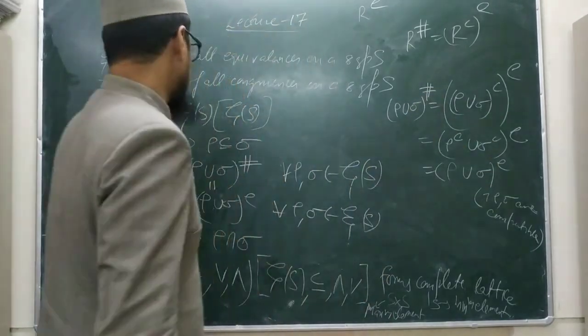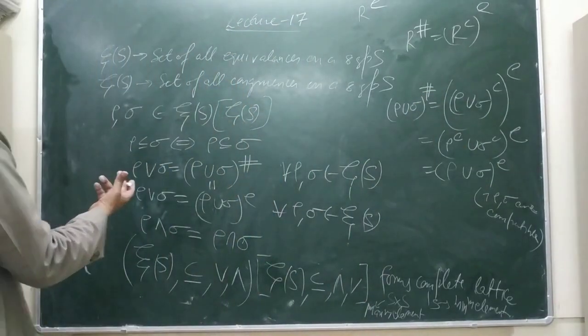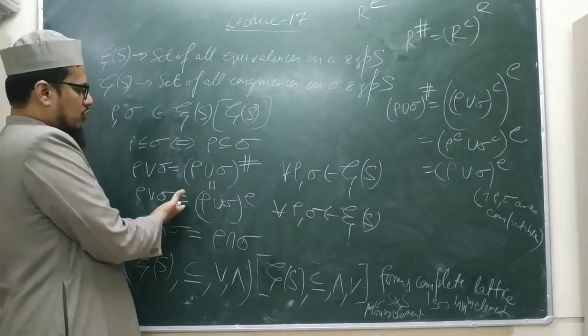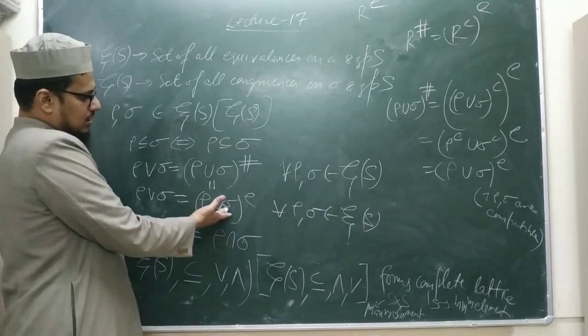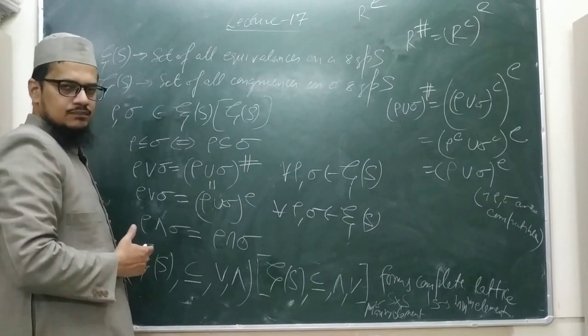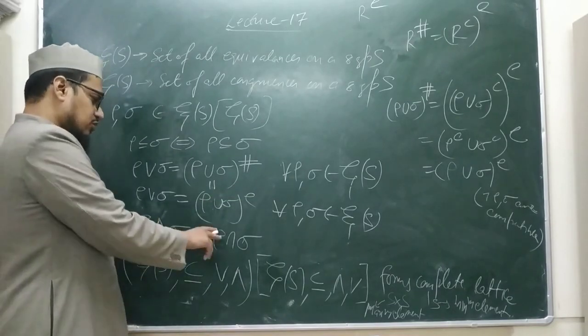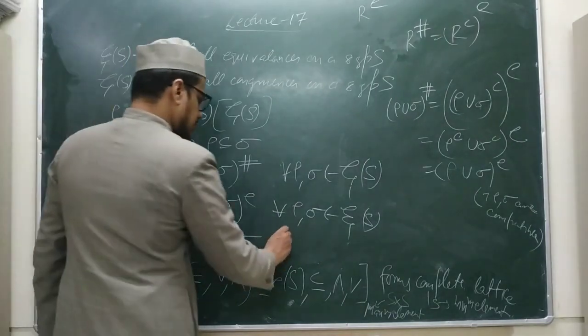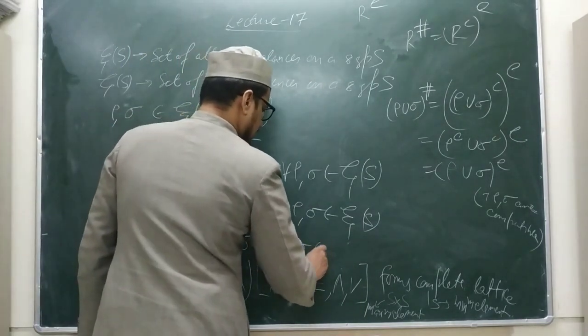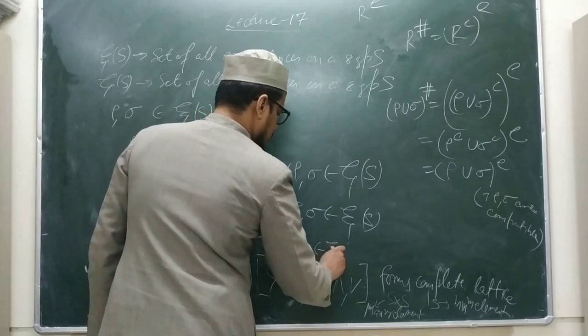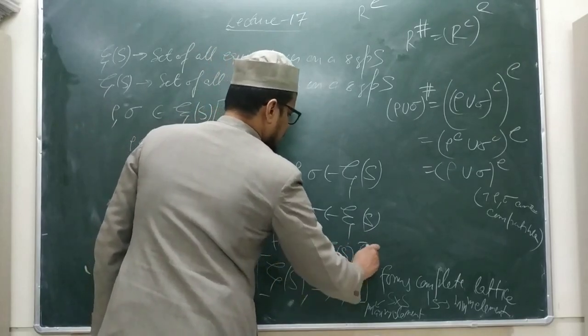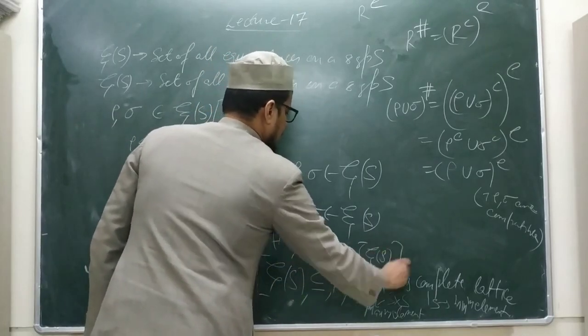So it means that the join of rho and sigma will always be rho union sigma E, correct? And rho meet sigma is always rho intersection sigma for every rho, sigma belonging to the lattice of equivalences or the lattice of congruences.